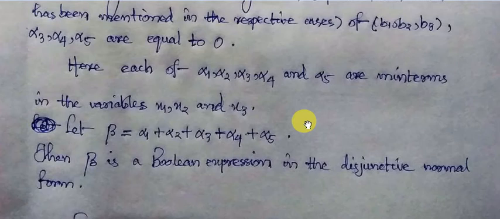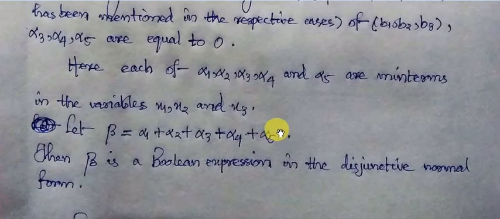We have written the min terms corresponding to those rows for which the value of the original Boolean expression alpha is equal to 1. Alpha 1 is a min term, alpha 2 is a min term, alpha 3 is a min term, alpha 4 is a min term, and also alpha 5 is a min term.